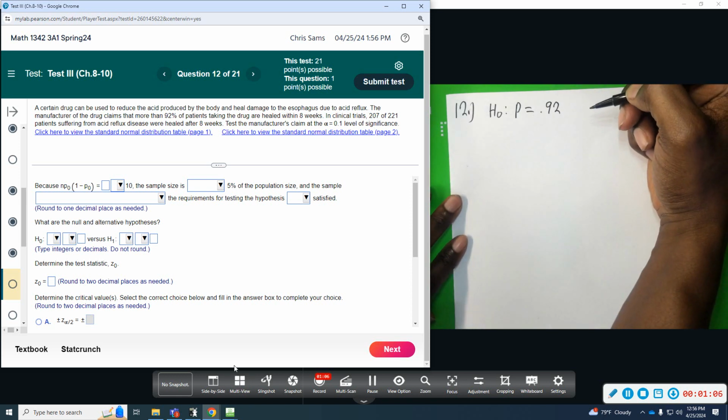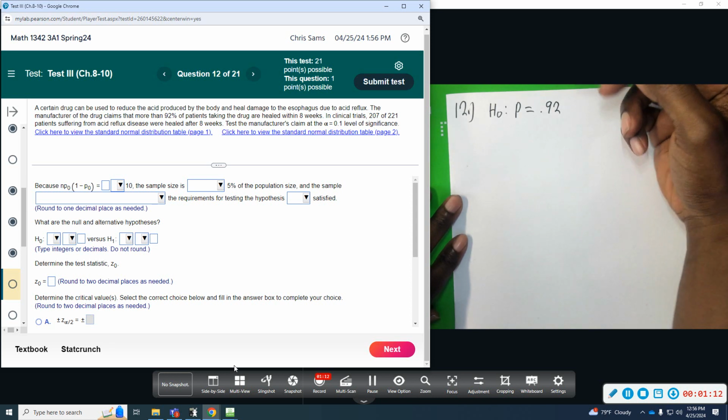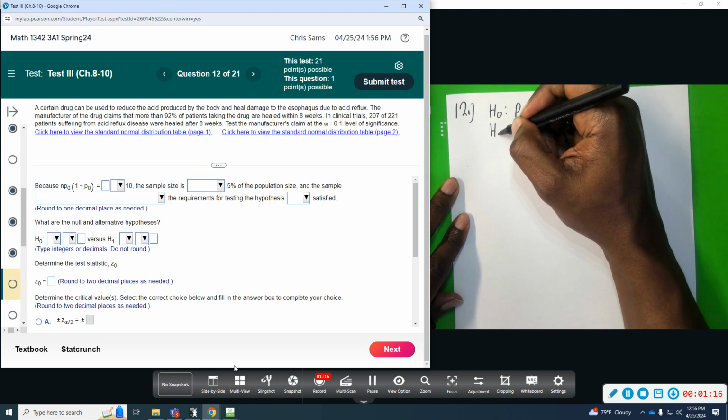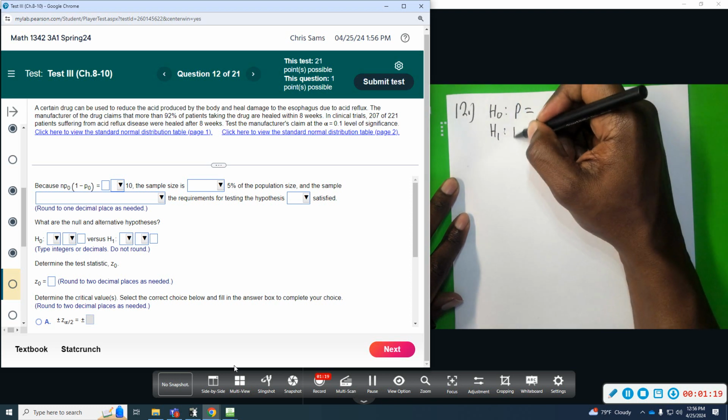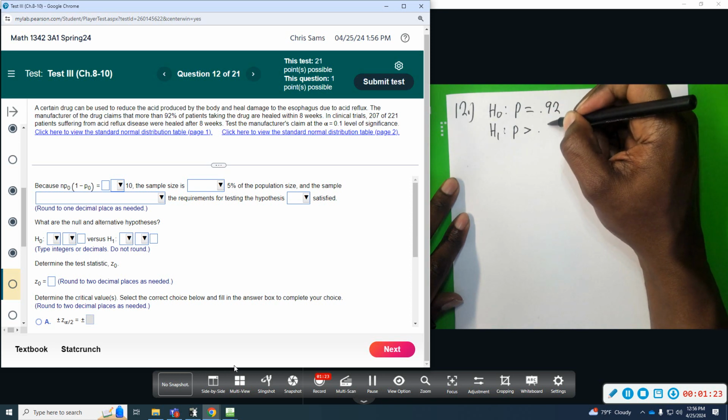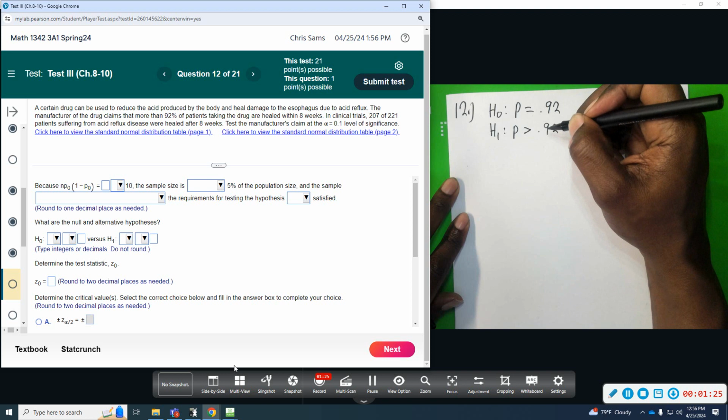And then the claim, he claims that more than 92% are healed. So the alternative is that this is greater than 0.92.